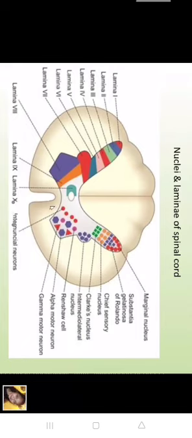If it is lamina 6, this will be lamina 7. Renshaw cells, the inhibitory cells, are also present here. Lamina 8 and this is lamina 9. Lamina 9 is for internuncial neurons. And lamina 10, this layer?